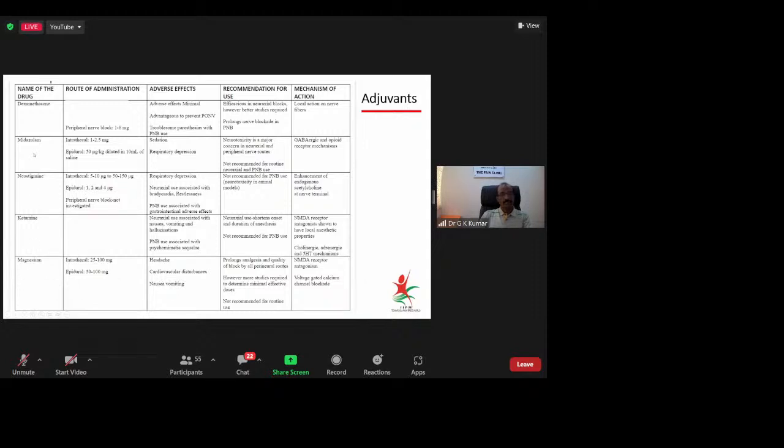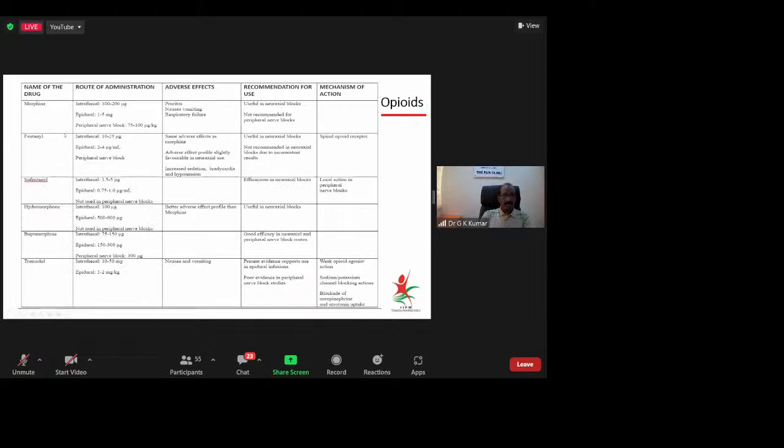And midazolam, of course, many people have used it, but it is not widely used now. Ketamine was also used, but we are still sticking to IV ketamine or oral ketamine. It is not a good choice as an adjuvant. The moral of the story is that among the adjuvants, dexamethasone and dexmedetomidine are the better ones than the others.